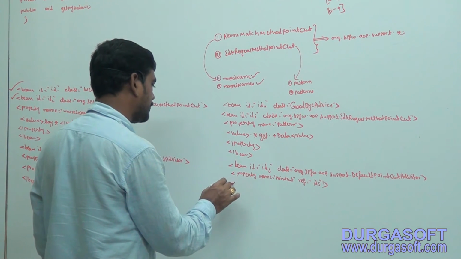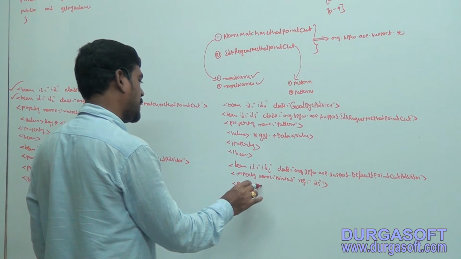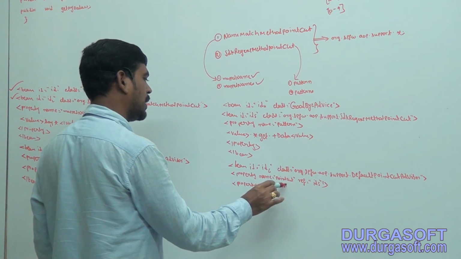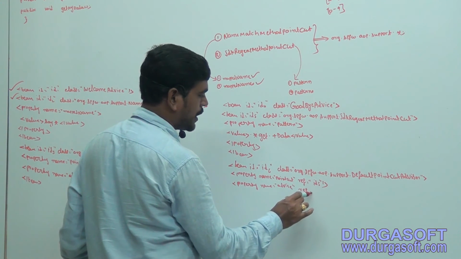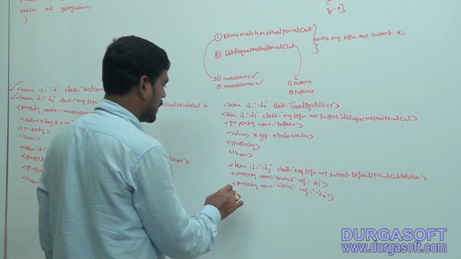The next property name is equal to advice, ref is equal to id 4. Then close the bean.